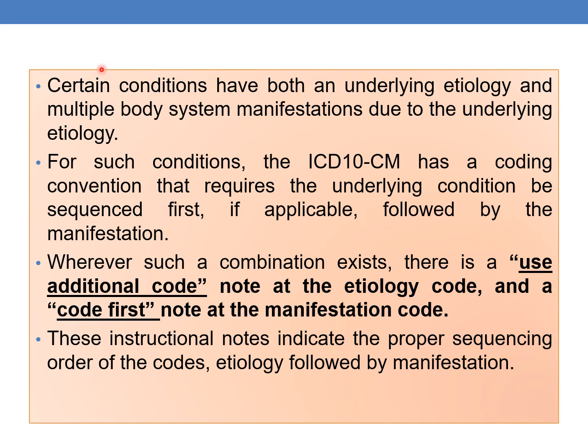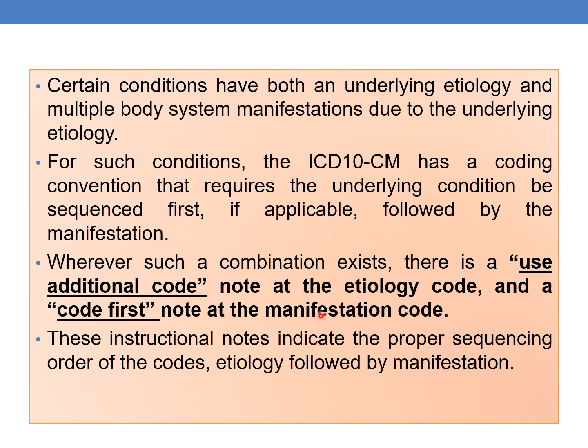I repeat, certain conditions have both an underlying etiology and multiple body system manifestations due to that underlying etiology. For such conditions, ICD-10-CM has a coding convention that requires the underlying condition to be sequenced first, if applicable, followed by the manifestation.